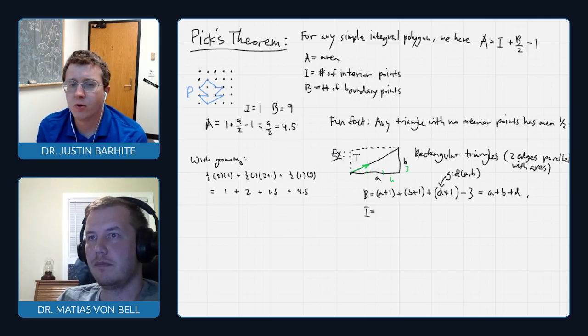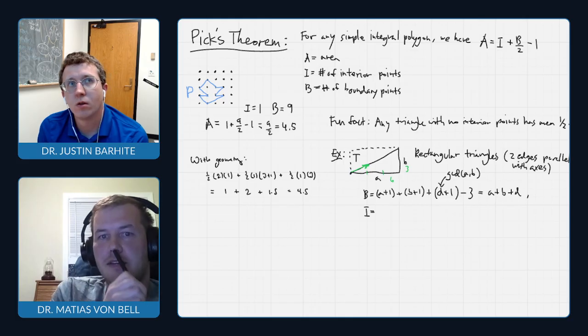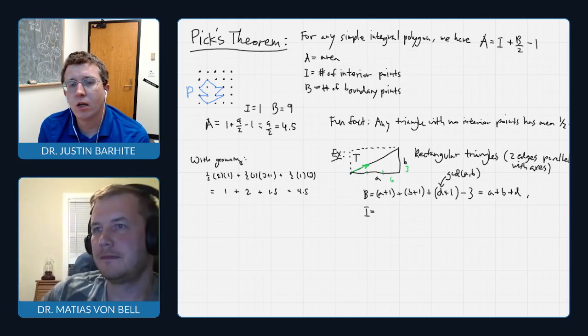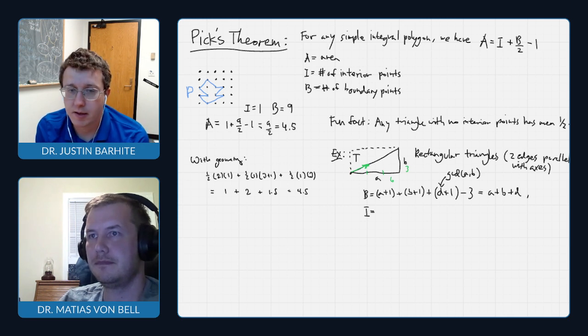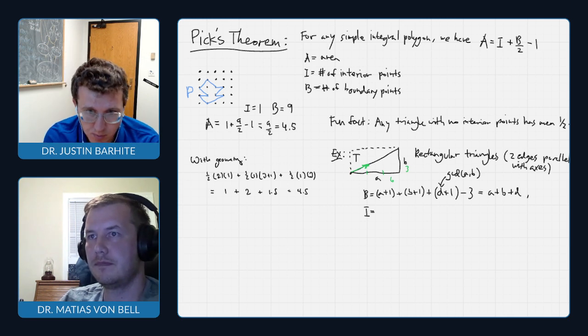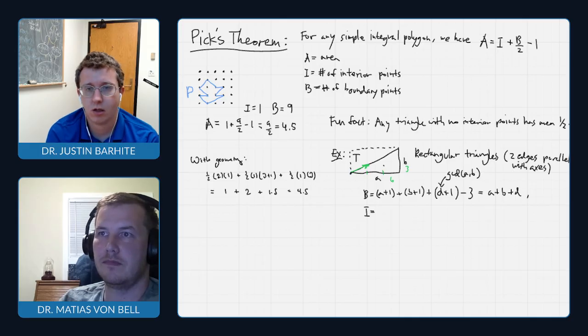If you have ideas, go ahead. Yes, the number of interior points for the rectangle should be a minus 1 times b minus 1.